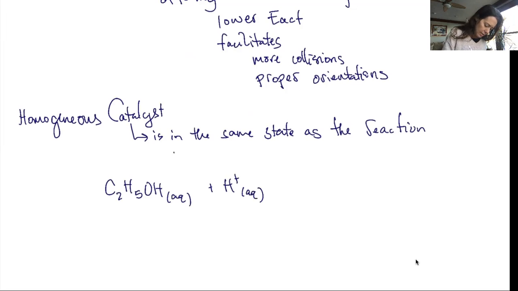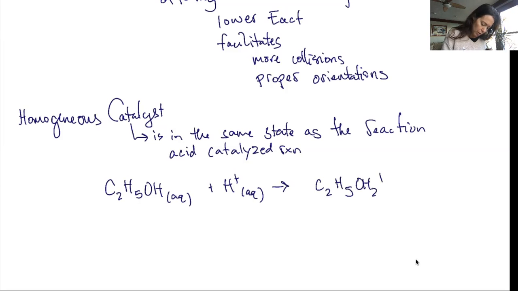This is an acid catalyzed reaction, which would yield C2H5OH2 plus. That would be an intermediate. And what we see is everything is in the same state, so it's a homogeneous catalyst.